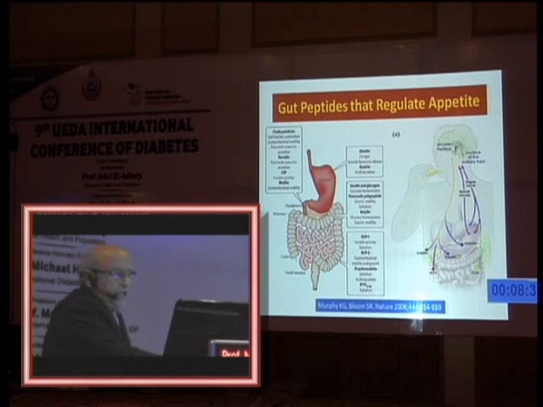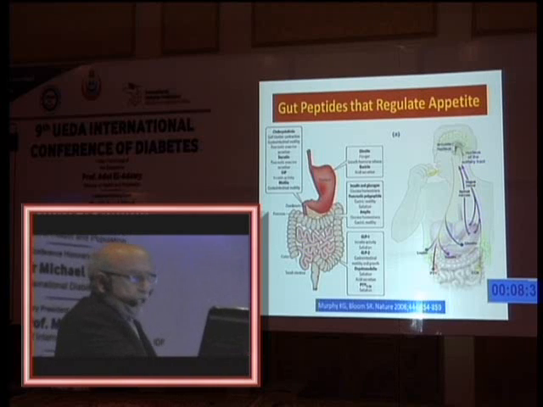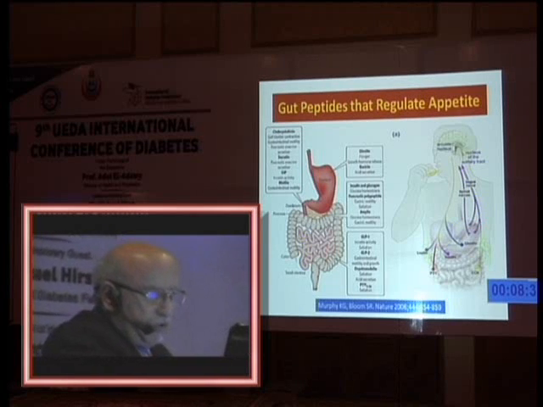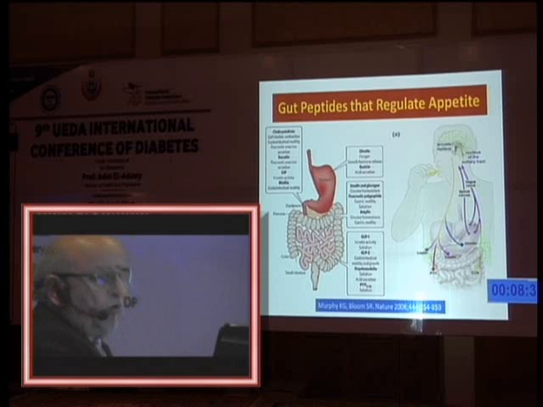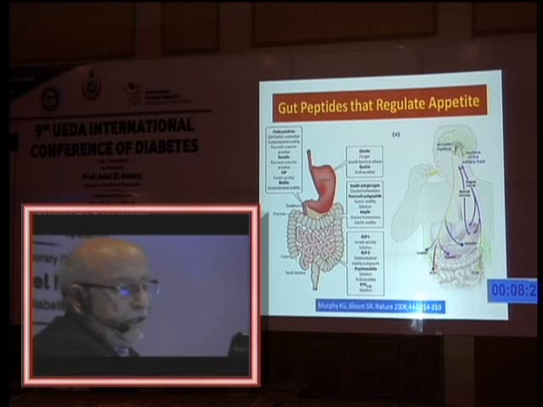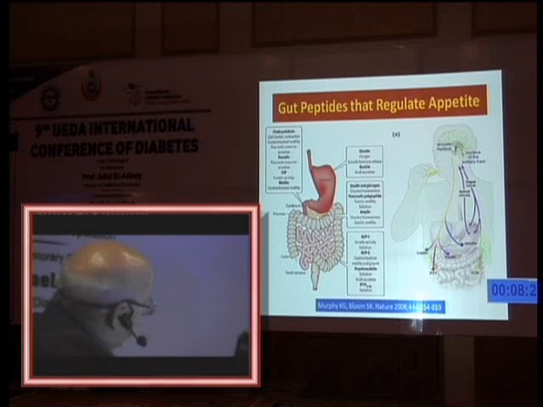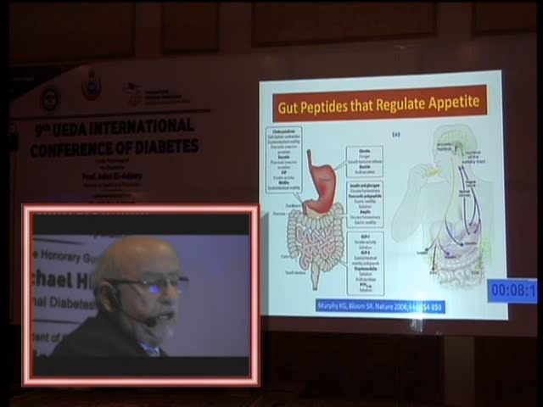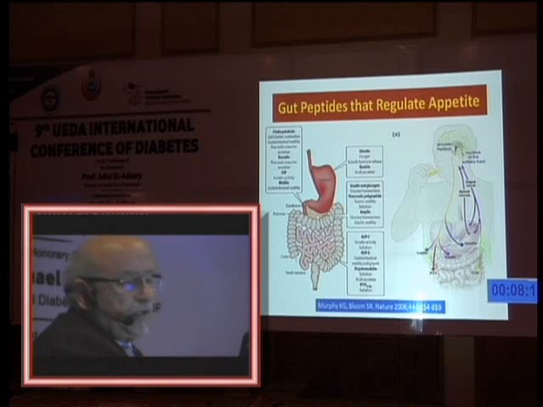Here we try to move to another aspect of the adipose tissue, and that is how obesity is produced. This slide shows the gut peptides that regulate appetite. You see the GI tract on the left-hand side of the slide. Ghrelin and gastrin are produced by the stomach.